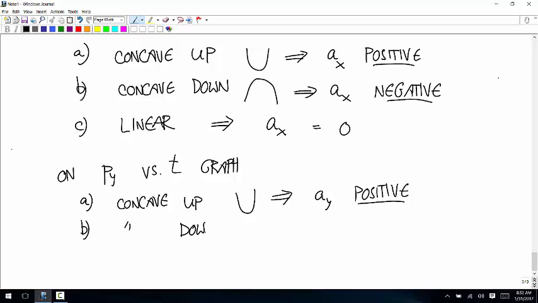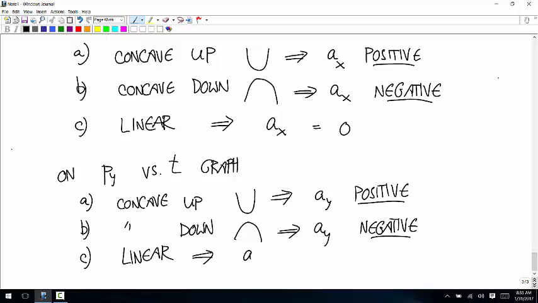Concave down means ay is negative. And linear means ay is 0.